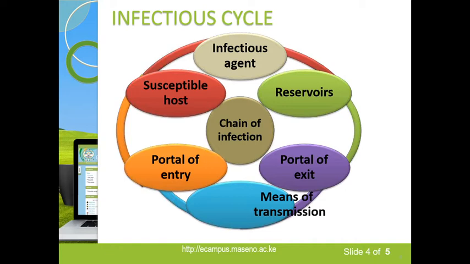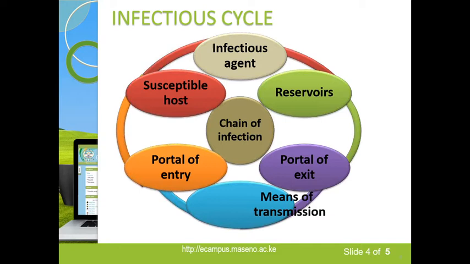A reservoir is an object, an animal, or a surface that houses the infectious agent. Another way of controlling infection at this point is by destroying the reservoir, or if it is the instruments, by sterilizing. When it is sterilized, the infectious agent will be killed and it will not cause infection.